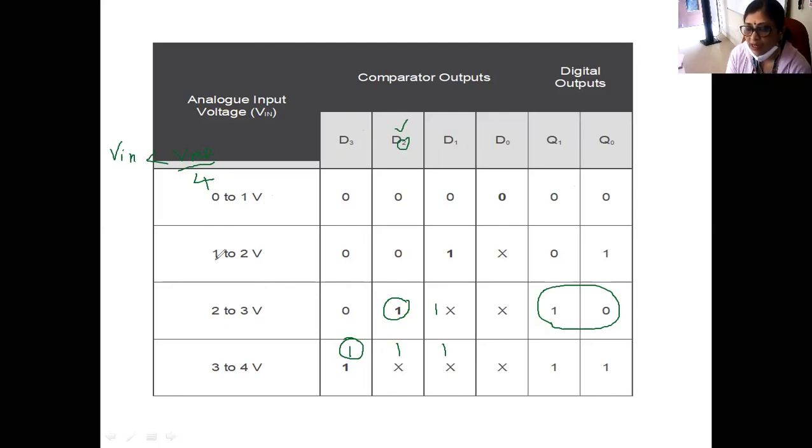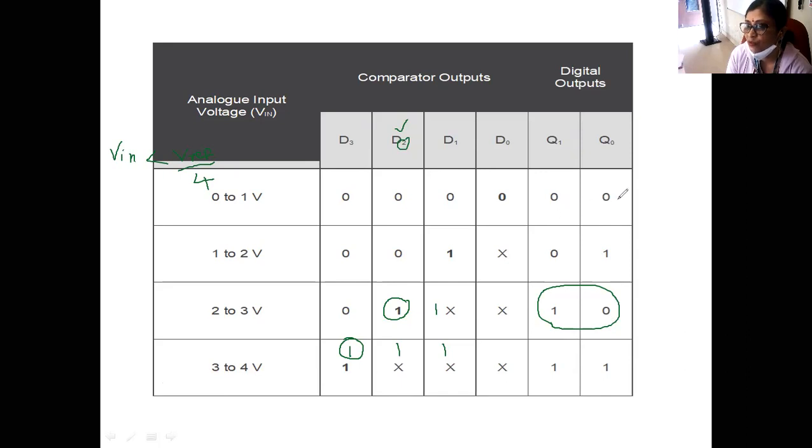So in this way, when the input voltage is between 0 and V reference by 4, 0, 0 output will be produced. If it is between V reference by 4 and V reference by 2, 0, 1 output will be produced. If it is between V reference by 2 and 3 V reference by 4, then 1, 0 output will be produced. And if it is between 3 V reference by 4 and V reference, then 1, 1 output will be produced.